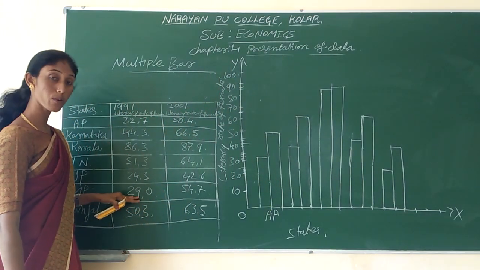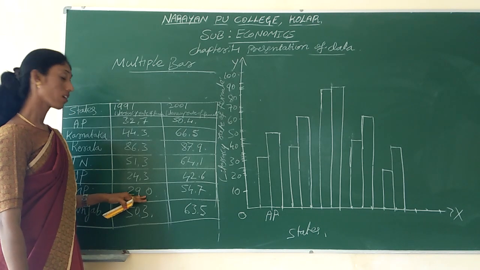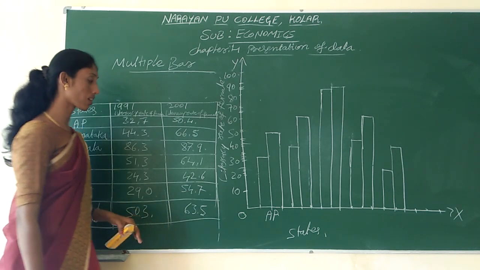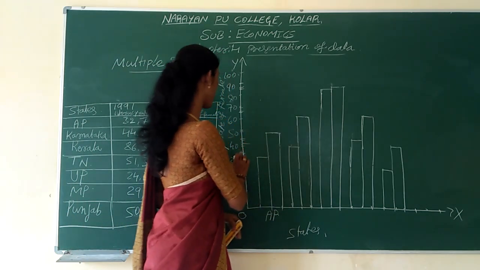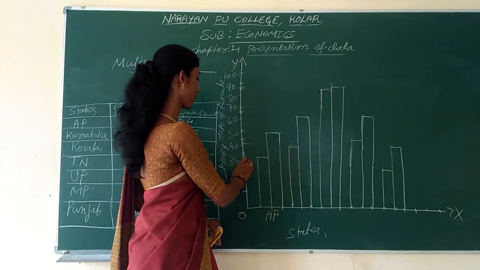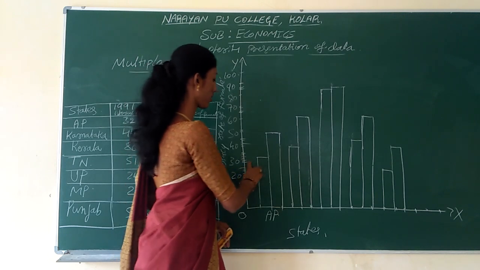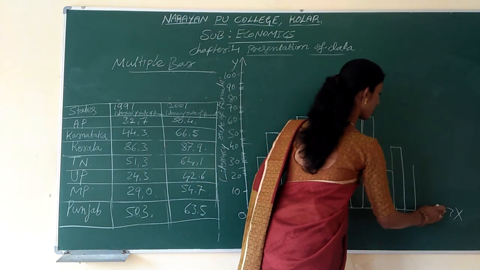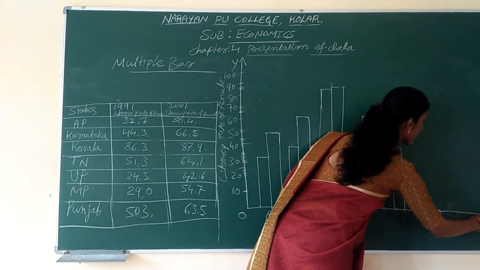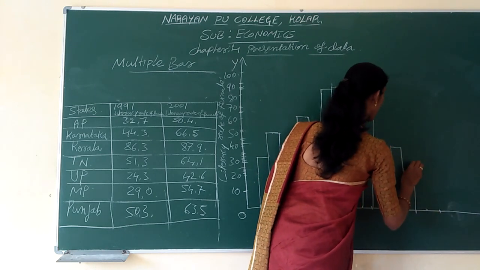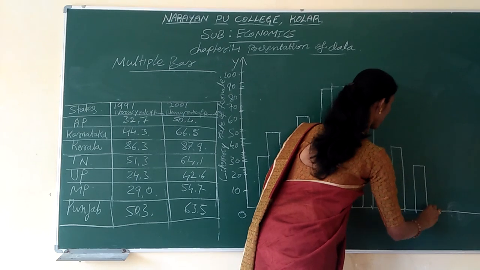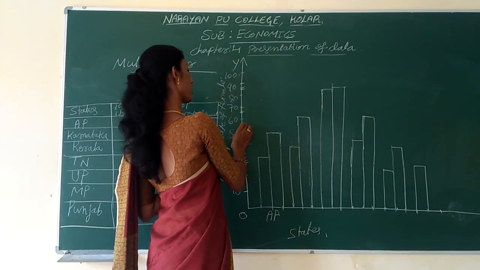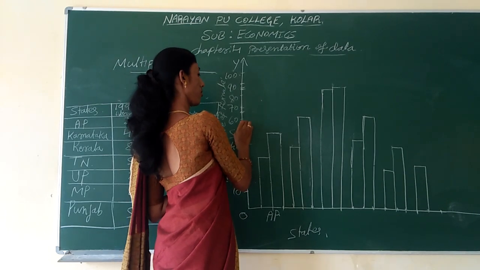Next, we are going to see the Madhya Pradesh literacy rate of female, 29 and 54.7. 29, here below 30. 54 means here 54, 55.